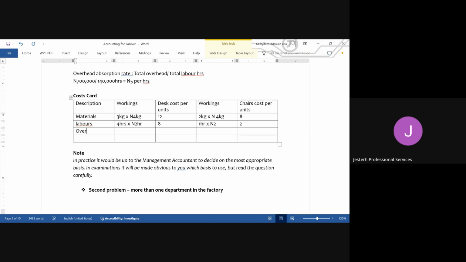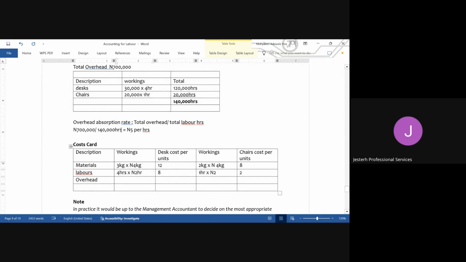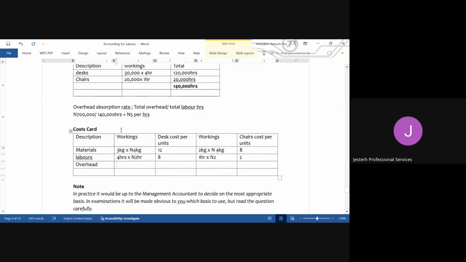Overhead. Remember that the company decides to absorb their overhead based on the total labor hours, and we determined total labor hours earlier to be 140 hours to produce both desks as well as chairs. Now, how are we going to calculate this?